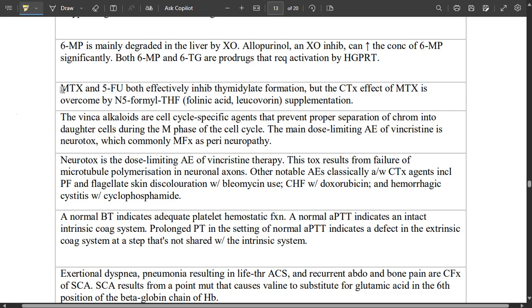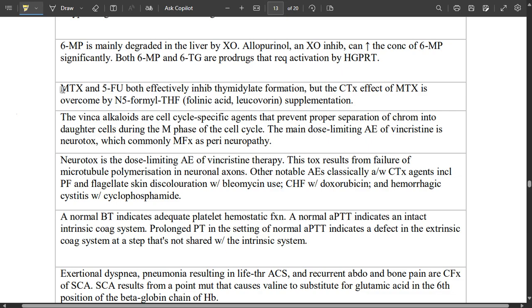Okay, I don't think I understood that well. 6-mercaptopurine competes with hypoxanthine and guanine, which are purine-derived structures, for HGPRT. Hypoxanthine and guanine are the purine derivatives which require HGPRT.